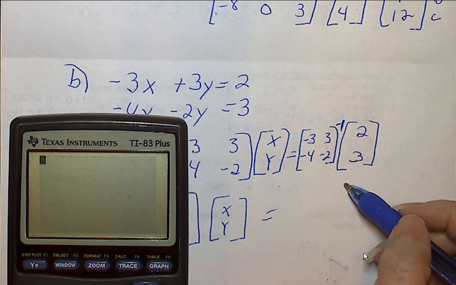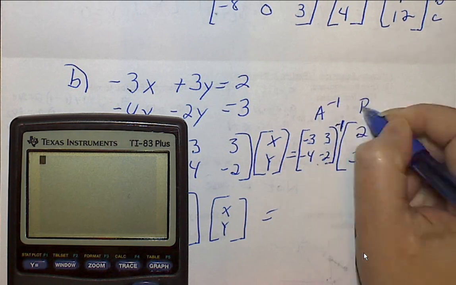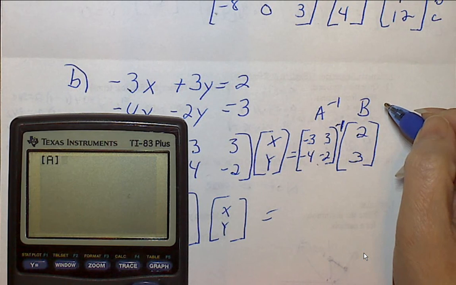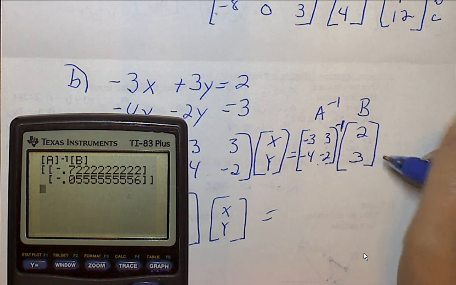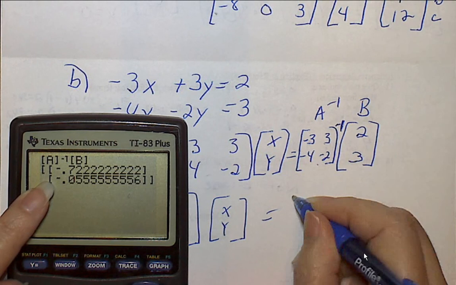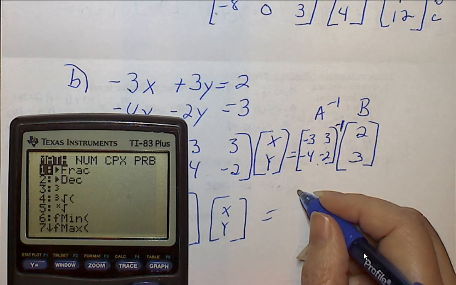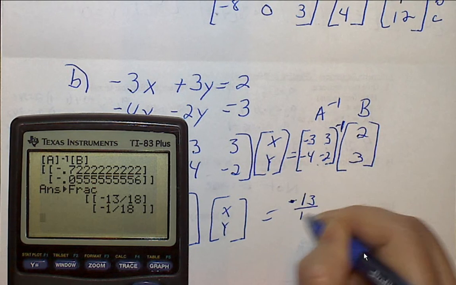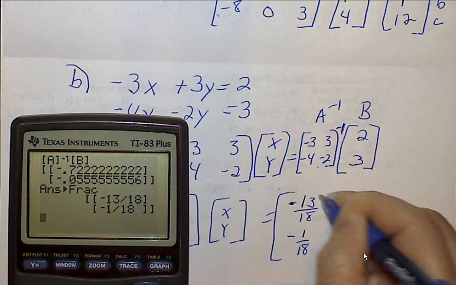I'm going to pull up my matrix A, because remember it's A inverse B, so matrix A inverse, and then matrix B is 2. On this one you can have it as a decimal or math fraction. So math fraction gives me a negative 13/18 and a negative 1/18, which is what we had on the front for our x and y.